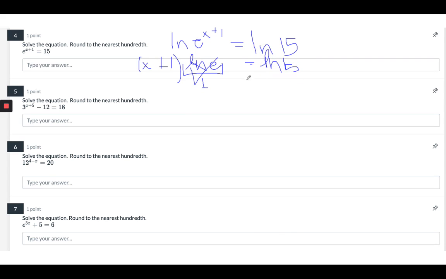So if I want that x by itself, I need to subtract 1 from both sides, and what I'm going to type into my calculator is that I'm going to find the natural log of 15 and take that value and subtract 1 from it.